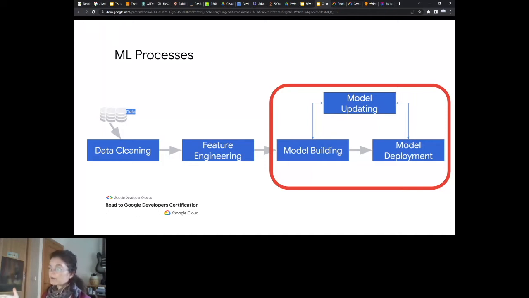And after the deployment, there is this iterative process that you see in the loop, because it might happen that you need to update your model, and then maybe after the updates or after the feedback of the model, you need to change something in the model, or even find a new strategy, right? So that part, as I say, is iterative, and this is the whole picture that you need to consider when you are building your machine learning model.